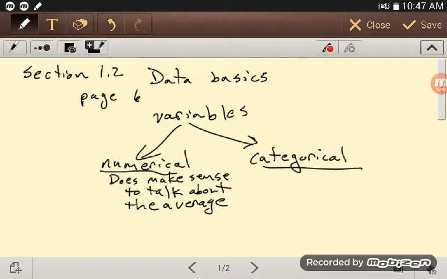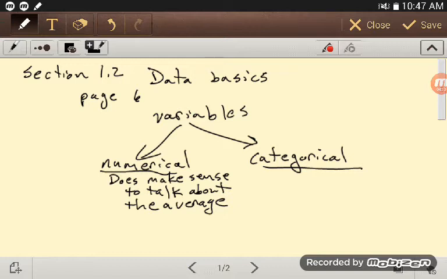So there's an order to it, but it probably doesn't make sense to talk about the average floor, right? Oh, I was on the first floor twice, there's 2 1s, and I was on the second floor once, there's a 2. Now add those numbers together. 1 plus 1 plus 2 is 4, divide by 3 is 1 1/3. Oh, on the average, I was on the 1 1/3 floor.